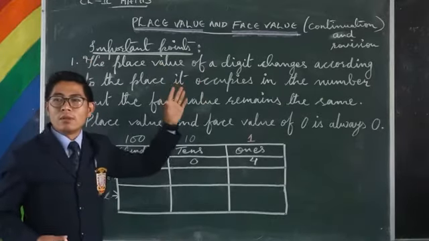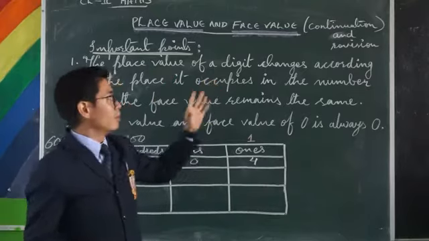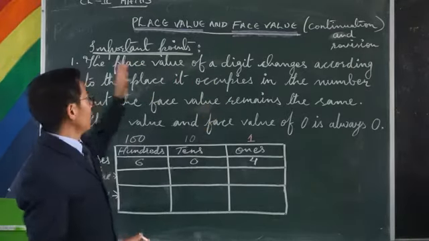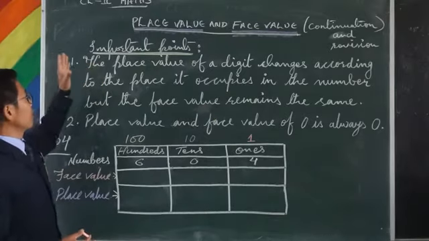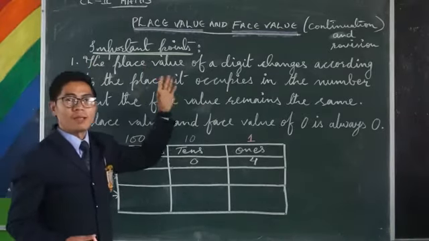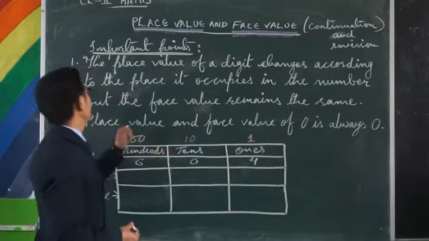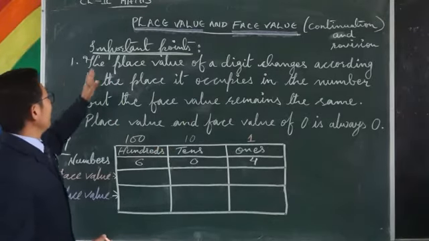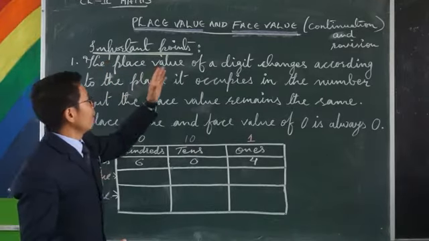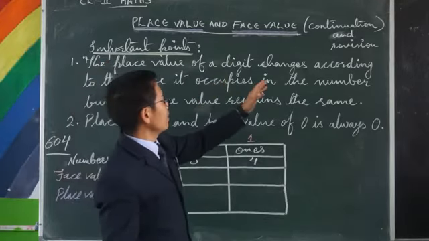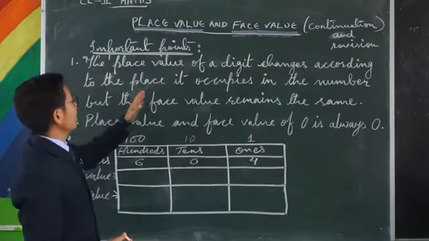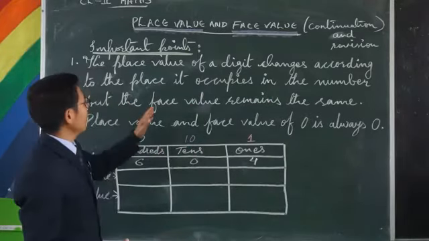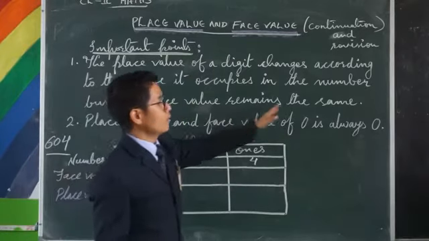Before we move on to the continuation, let's start with some important points as a revision. The place value of a digit changes according to the place it occupies in the number, but the face value remains the same.